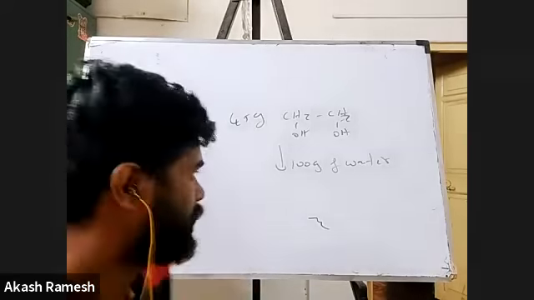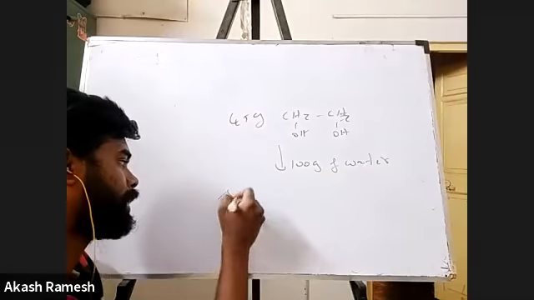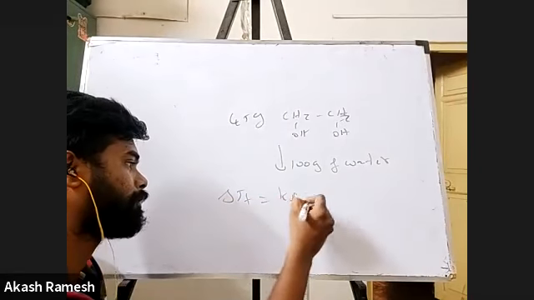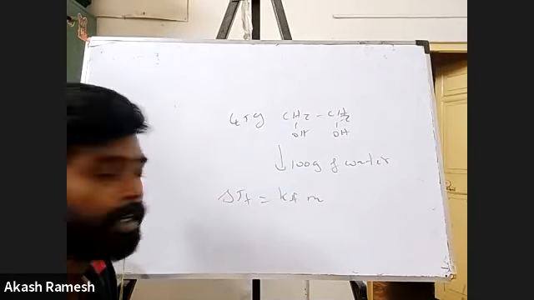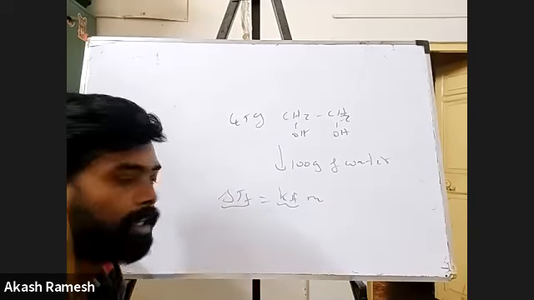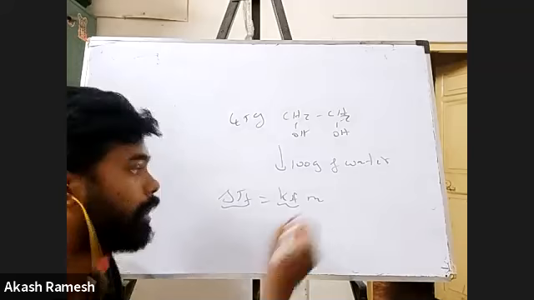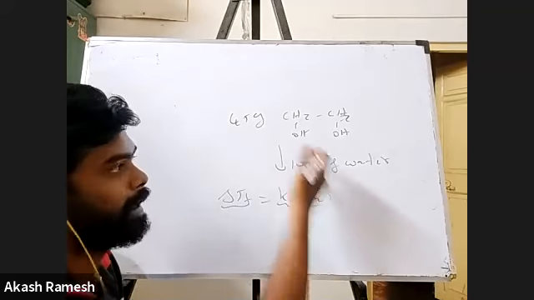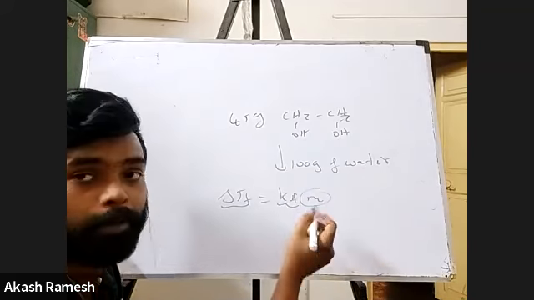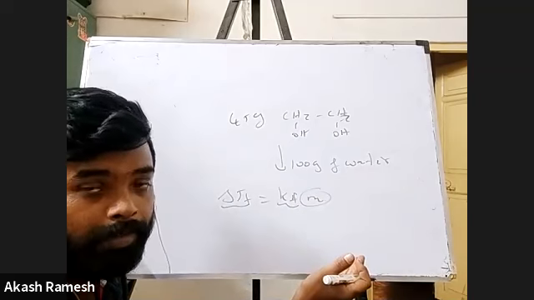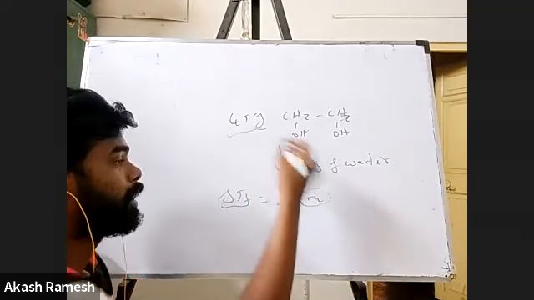Okay, so it's direct formula substitution, right? Delta TF is equal to KF into M, where M is the molality. KF is given in the question. Delta TF is what you have to find out. So molality is what you have to calculate, and directly you can calculate molality: number of moles divided by the mass of solvent. So the number of moles of ethylene glycol you can calculate.